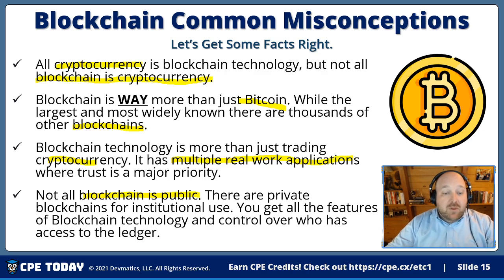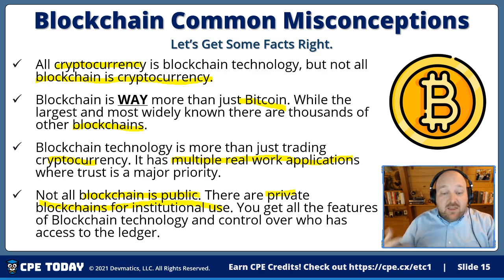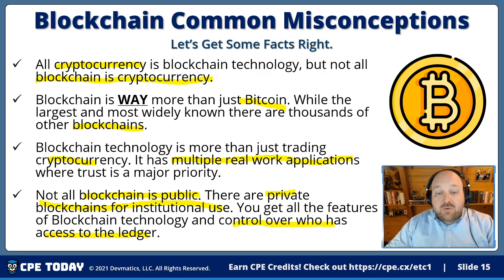There are private blockchains that you can utilize for institutional and business use. So you can get all the features you love. However, it is your technology, it's your deployment, and you get control over who can interact with and who has access to the ledger. So if you want to utilize blockchain technology without having to make all your information public, realize you totally can.